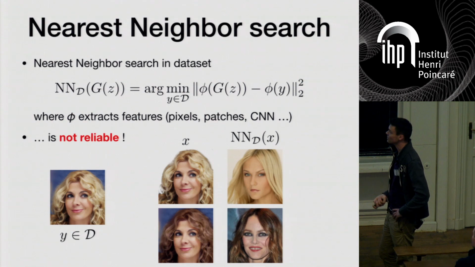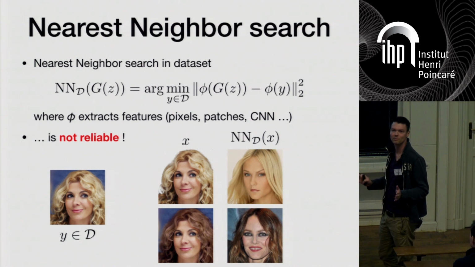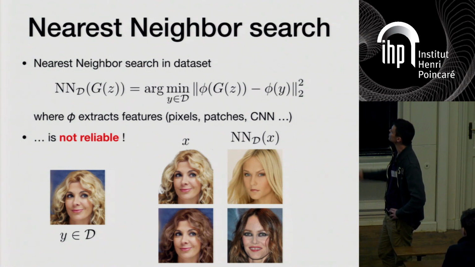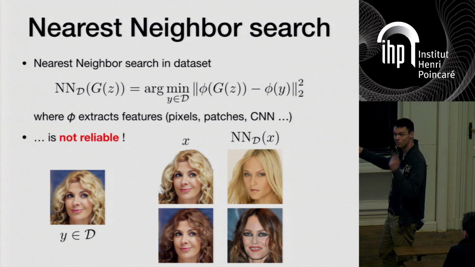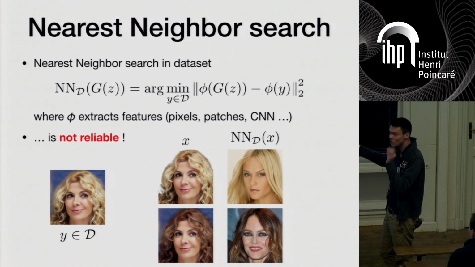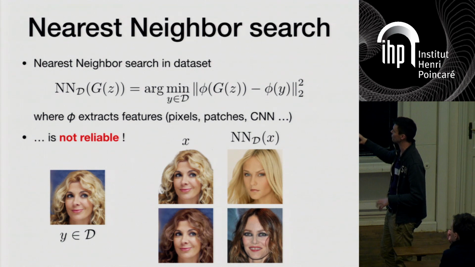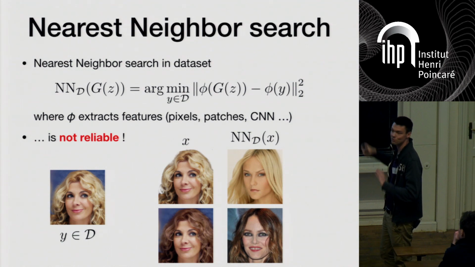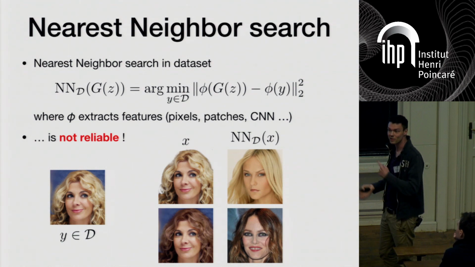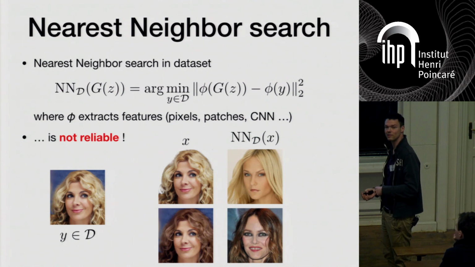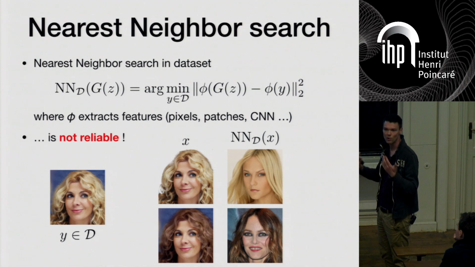The problem is that it's easy to show that this metric doesn't work, as you already know. Even for patches, the Euclidean metric is not very good. For instance, if I take this image from the training set, but I change it a little bit, like changing the background or the color of the hair, of course, I will not retrieve the same image. And what is even worse, in that CelebA dataset, each person is duplicated 10 times with different poses and so on.